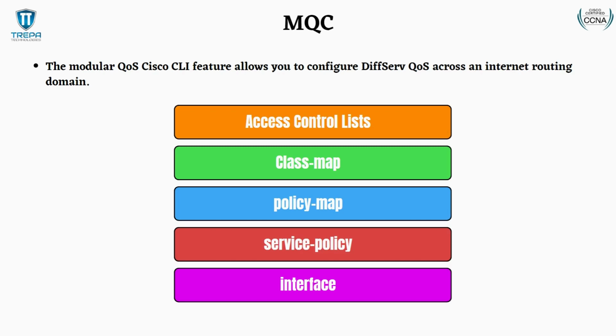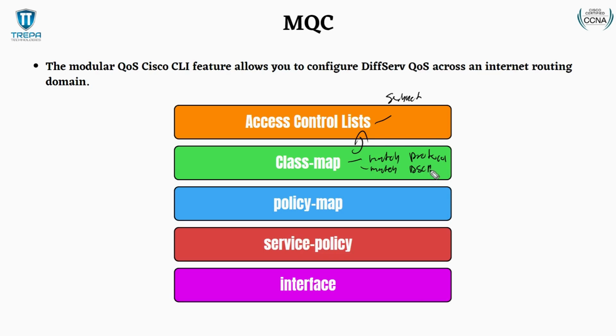So the first thing we're going to do is either create an ACL, this is an if, we don't have to match based off a subnet. So this is going to be part of our classification step. If we want to classify traffic just based on a subnet, we can. And then in that class map, we can say match an ACL. Or in this class map, we can match a protocol. Or we can match based off DHCP.